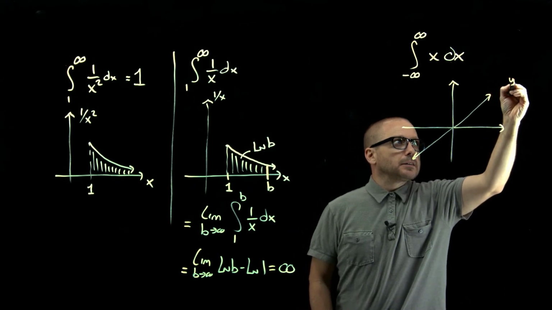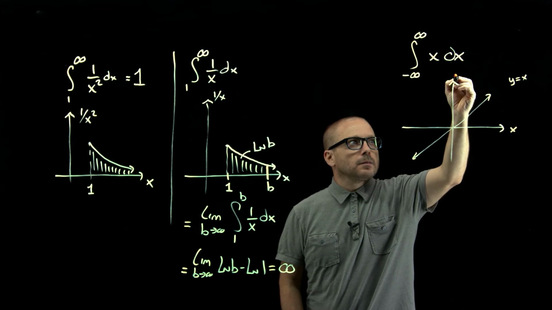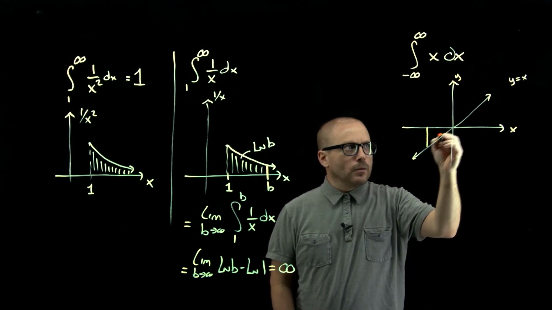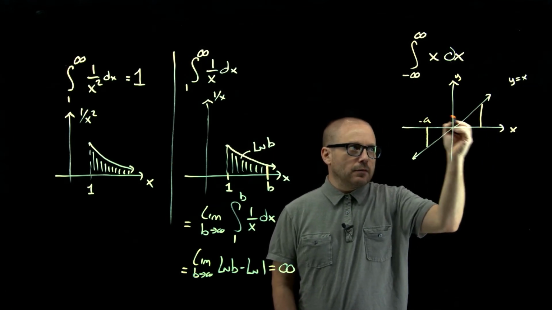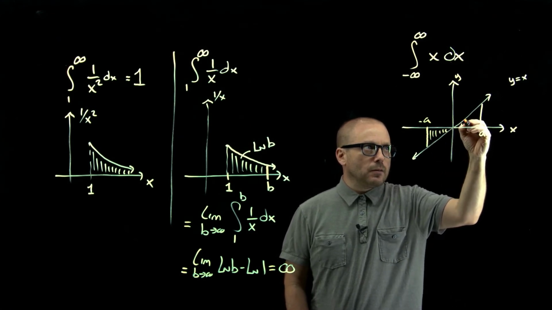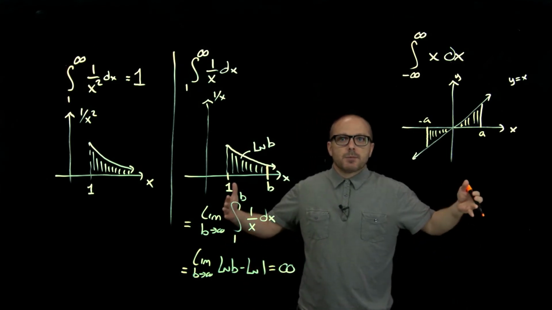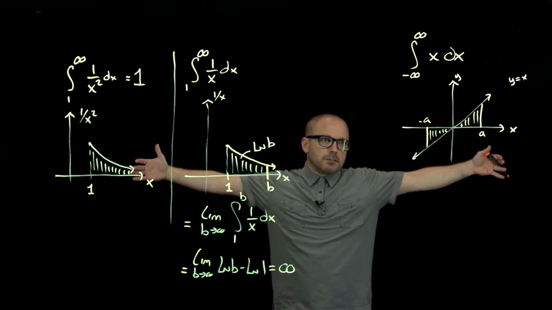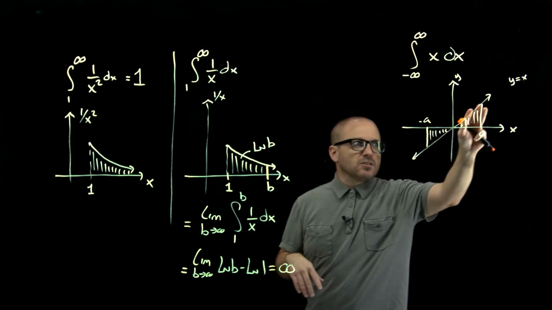This is y equal x. Well, there's a symmetry here, right? So, if I stop anywhere along here and go from some negative a to a, that negative bit will cancel that positive bit, and it's 0. So if I just keep going out, it's just more 0, 0, 0, 0, 0 the farther I stretch out in either direction. So you might think, well, this chunk cancels that chunk.